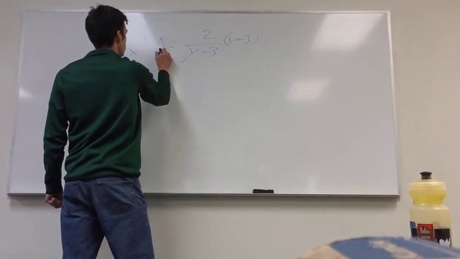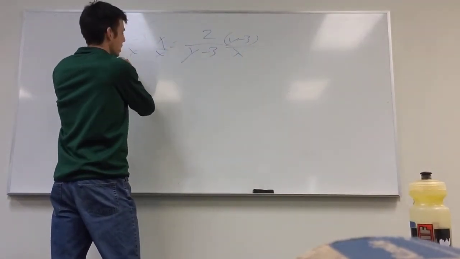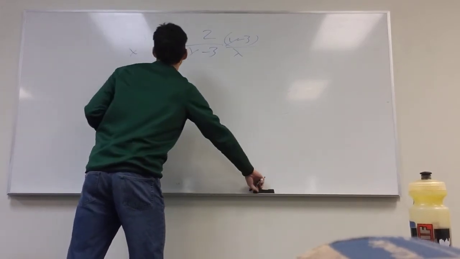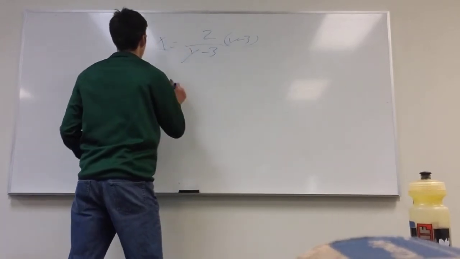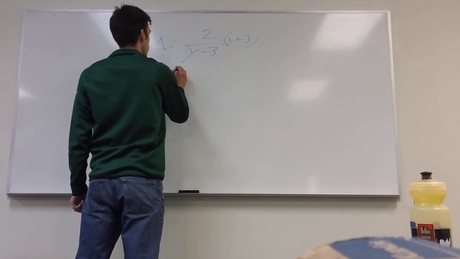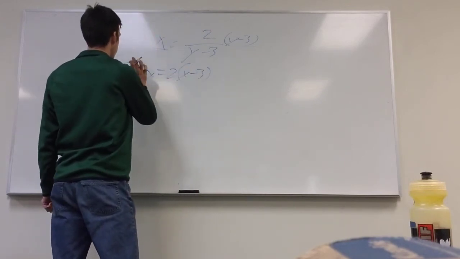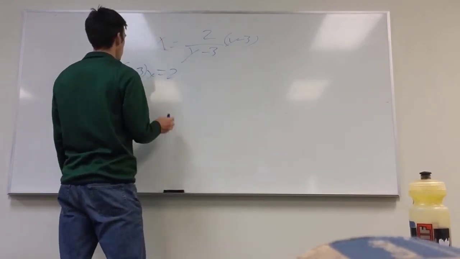So I'm trying to get y by itself, okay? I'll just, instead of dividing, I won't do that yet, okay? So I'm going to get x times y minus 3 equals 2. And again, I'm trying to solve for y.